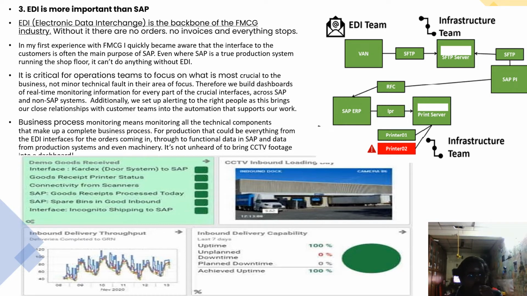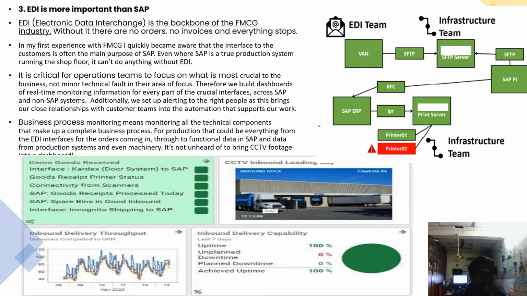In my first experience with FMCG, I quickly became aware that the interface to a customer is often the main purpose of SAP, even where SAP is a true production system running on the shop floor. It cannot do anything without EDI. So EDI plays a very crucial role.